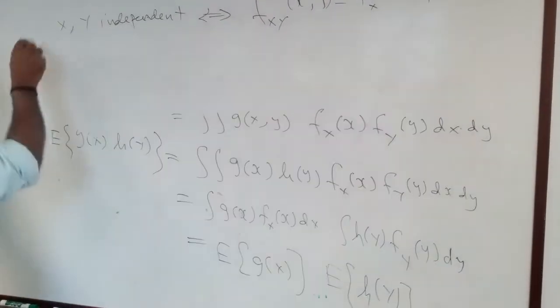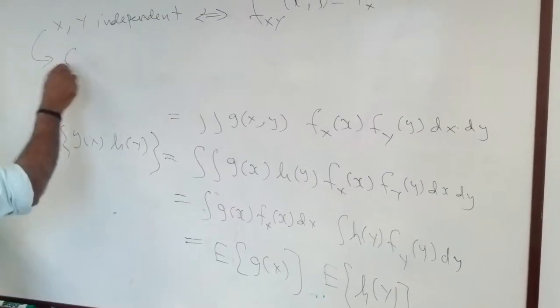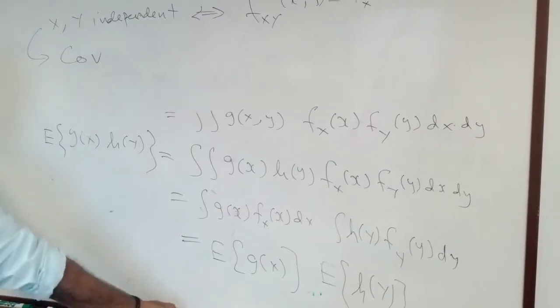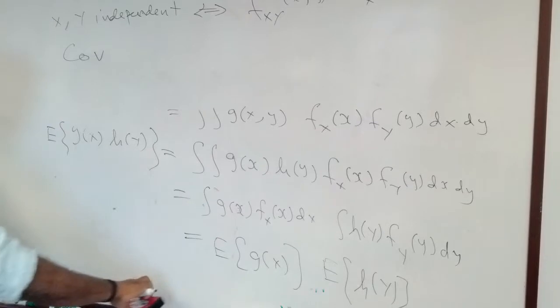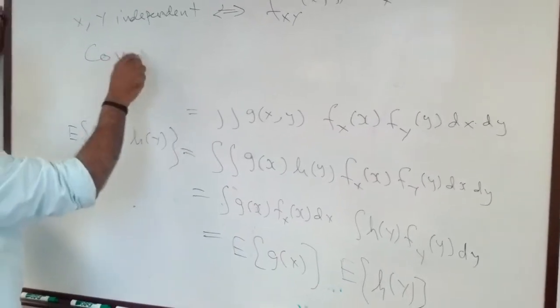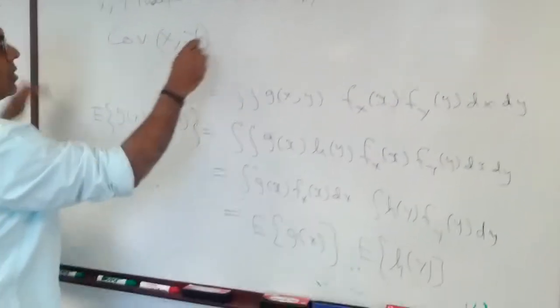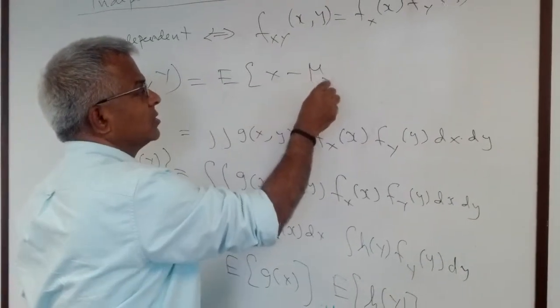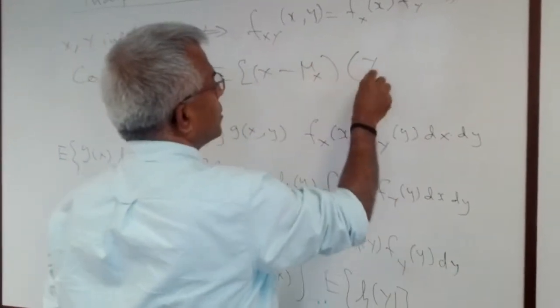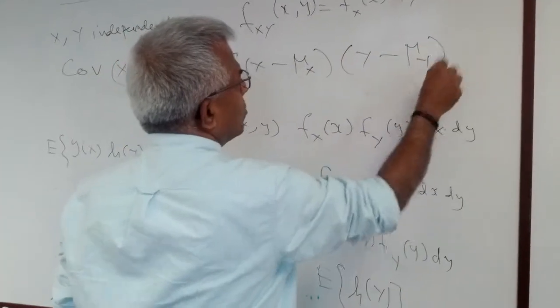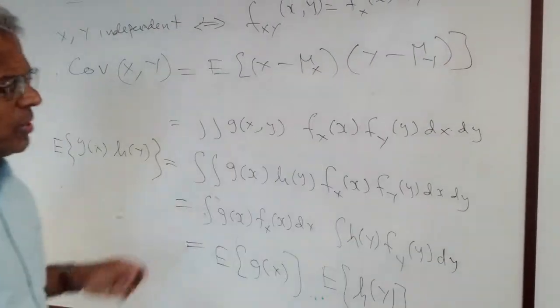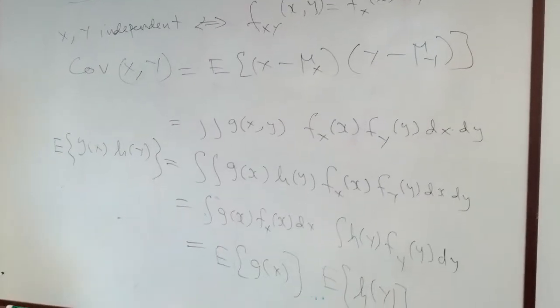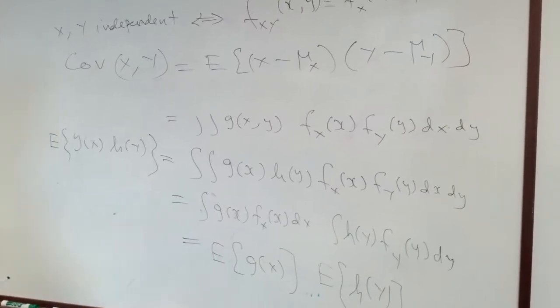Let's take x and y to be independent. Then we can also define the concept of covariance between x and y as the expected value of (x minus mu_x) multiplied by (y minus mu_y). By the way, this is the definition for covariance, whether they are independent or not.